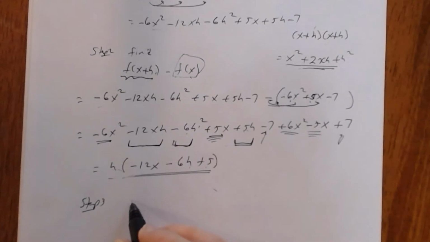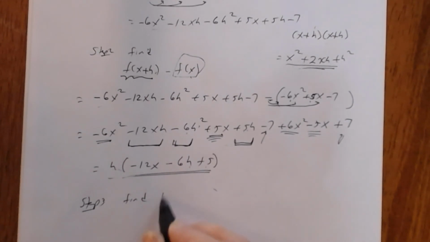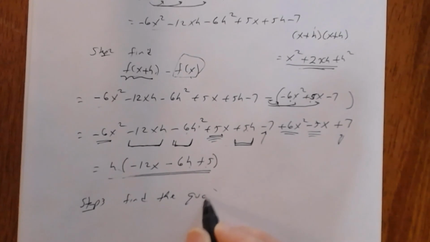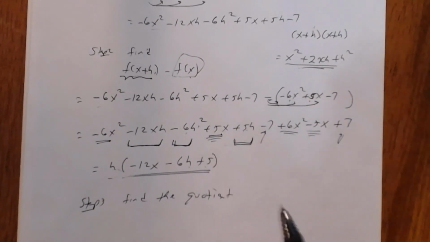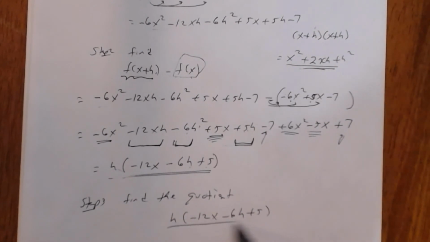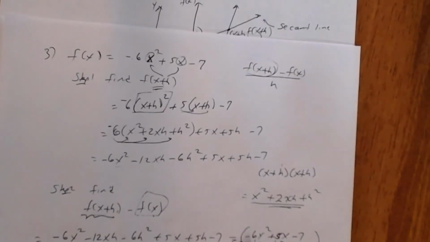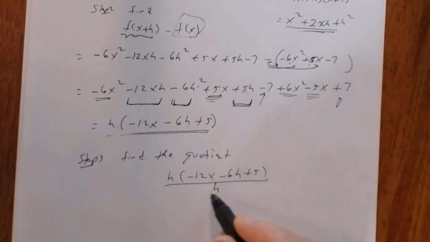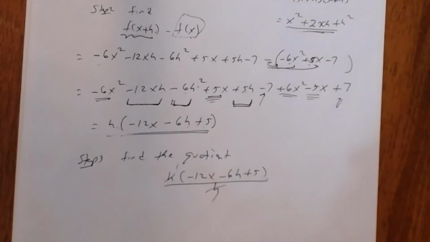So step 3, you find the quotient, in this case, the difference quotient. And so you're going to say h times negative 12x minus 6h plus 5, and all of that's being divided by h. So divide by h, and at that point you reduce. And so now your answer is this, negative 12x minus 6h plus 5.